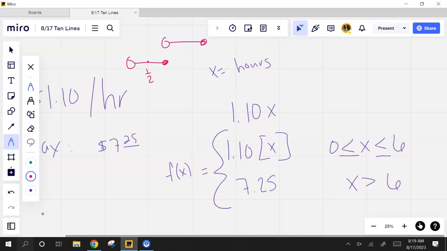If I make this negative, that's going to flip it up, but then I'm going to get a negative value. To counter that, I'm going to multiply by a negative.